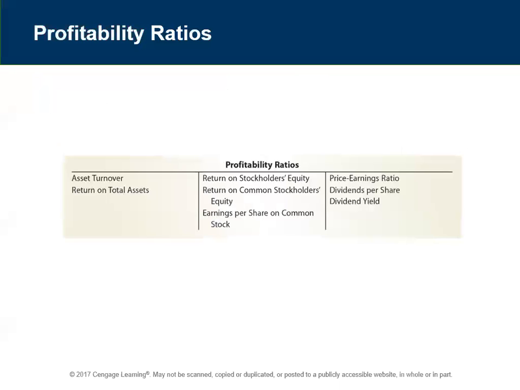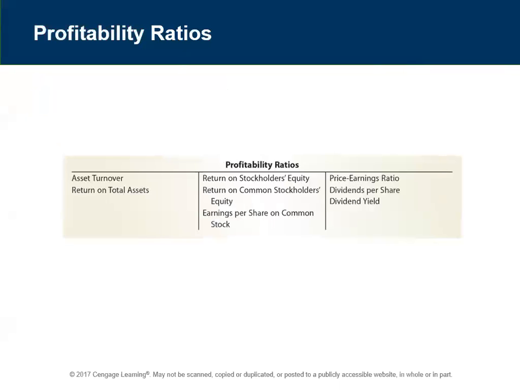Some of these ratios deal with asset turnover and return on total assets. Those 2 are truly dealing with, are we utilizing our assets to help us make income? Then we're going to look at return on stockholders' equity and common stockholders' equity, as well as earnings per share on common stock.